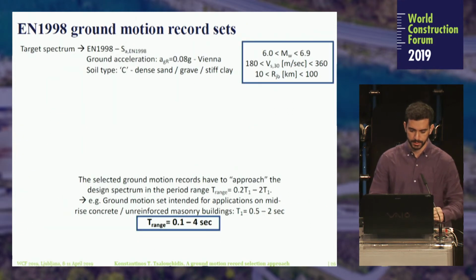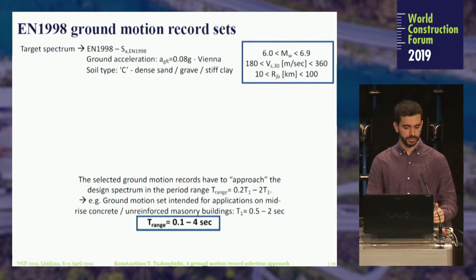And now here's an example of a ground motion record set. This example is when the target spectrum is the Eurocode spectrum, and it's a case study. For example, I took some parameters for seismicity in Vienna and how this would work. The Eurocode currently says that we have to consider the range of 0.2 T1 to 2 T1, T1 being the first eigenperiod of our structure.